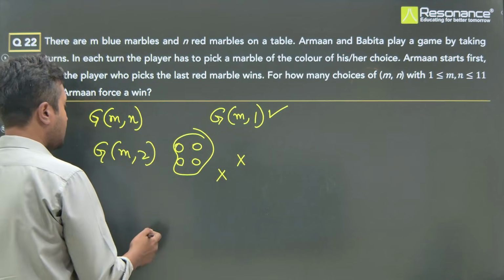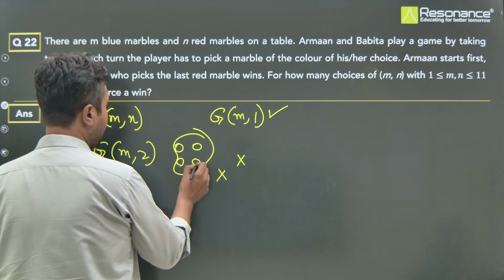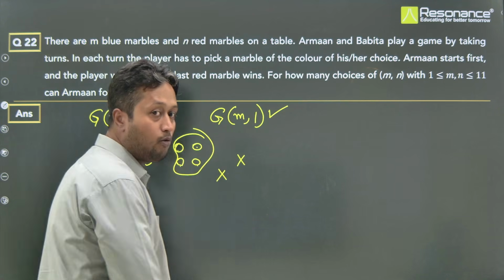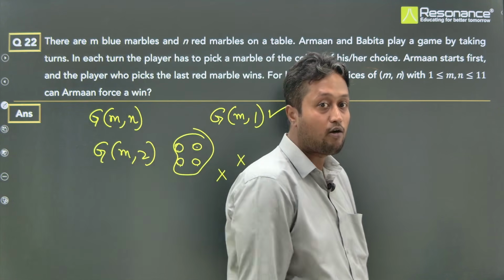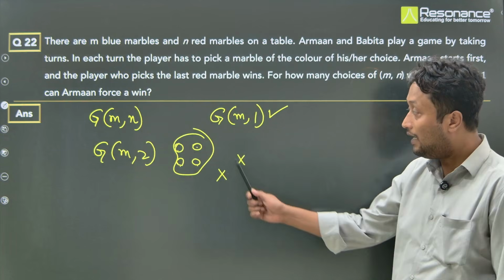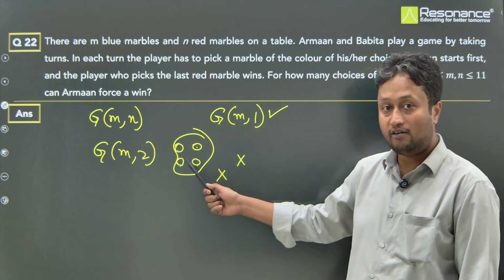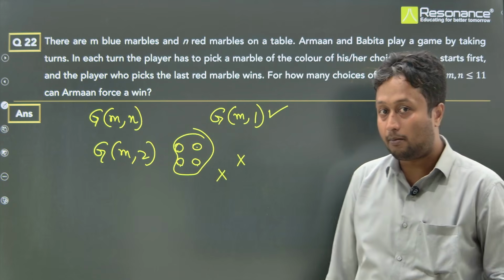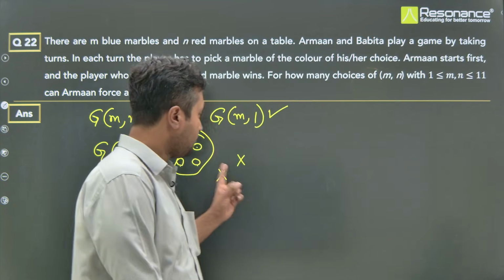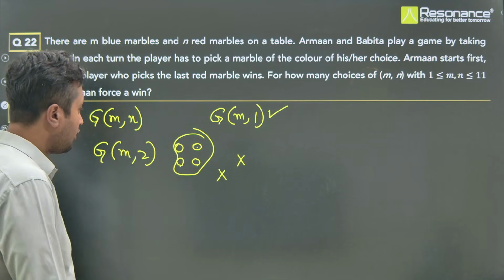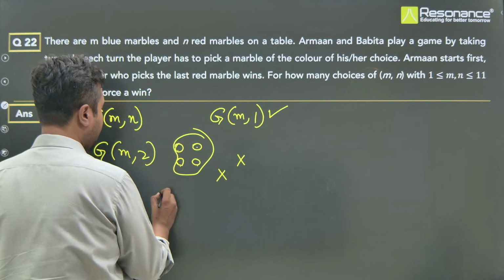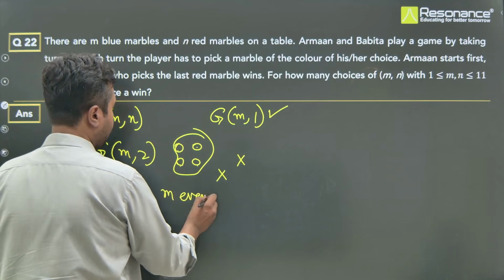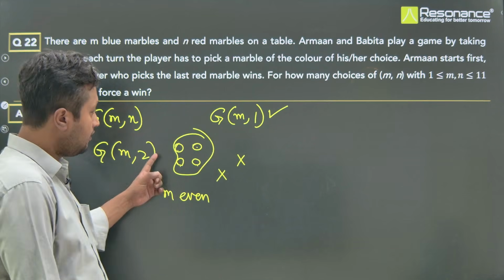So the only option that Arman has got is keep picking as many blue marbles. In fact, at no stage is he allowed to pick a red marble unless Babita picks the red marble. Whoever picks that red marble, the other person will win. So even Babita will try to make sure that she's winning. Okay. So if m is even, let's see what happens.